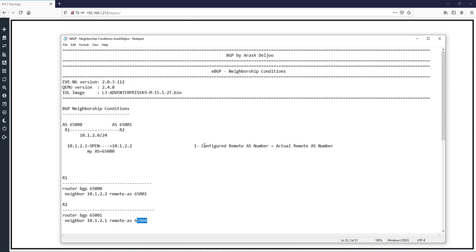And you can see that here I wrote configured remote AS number. This is the configured remote AS number. It should be equal to the actual remote AS number, and this is the actual remote AS number.